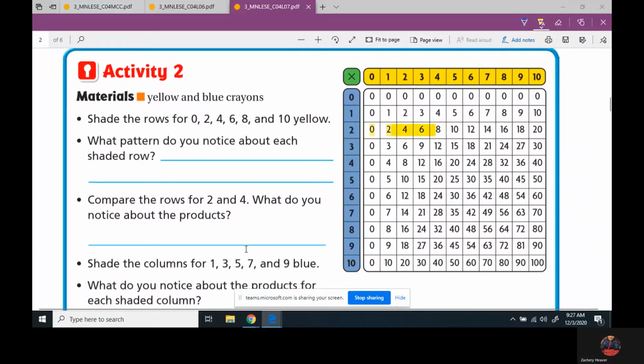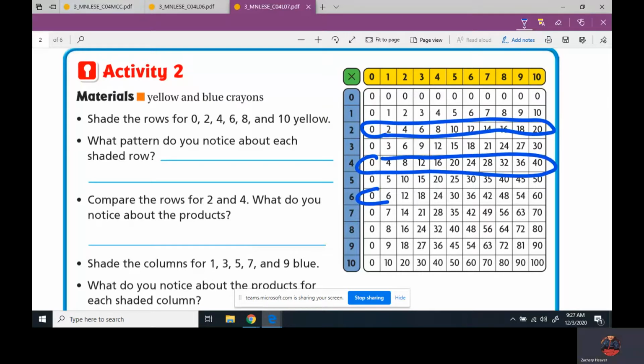Oh, it's not going to work. All right, I'm just going to circle. So I'm going to circle my 2s, my 4s, my 6s, my 8s, and my 10s.